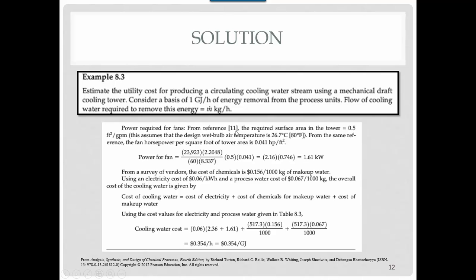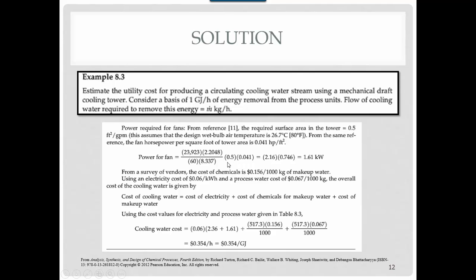Now we're also going to have fans, because it's a mechanical draft cooling tower. The pumps are going to circulate the water, and now we need to blow air over our water. For the fans, this information is from literature. Basically, there are some rules of thumb for how many square feet of surface per GPM, and therefore what your needs are going to be. So I have here my flow rate, and just some conversion factors.